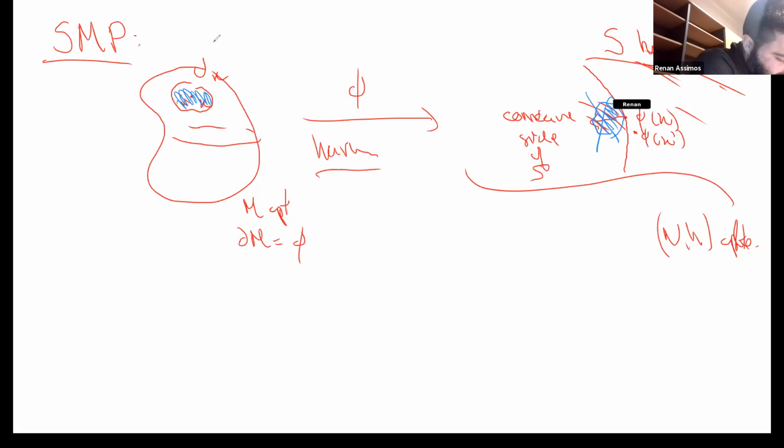So this thing cannot happen. You must find a point on the other side of your convex hypersurface S. Okay, and this is Samson maximum principle.